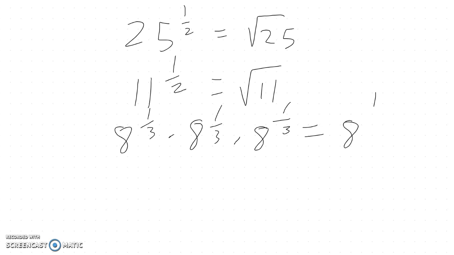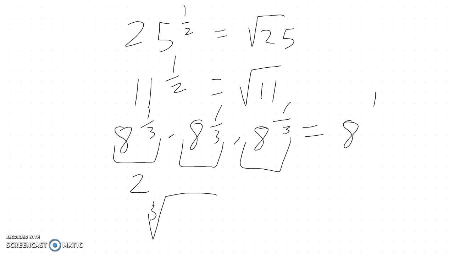In other words, 8 to the 1/3 is some number that times itself, times itself, times itself is equal to 8. The number is 2. So 8 to the 1/3 equals 2, and that's not called the square root anymore, it's called the cube root. It's the number that if you cube it, or multiply it by itself 3 times, gets you the original thing.